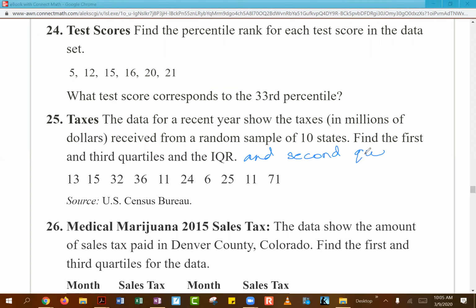So then what's the first thing we do? Put them in order. Very good. So where do we start? 6. 11. 11 again. 13. 24. 25. 32.